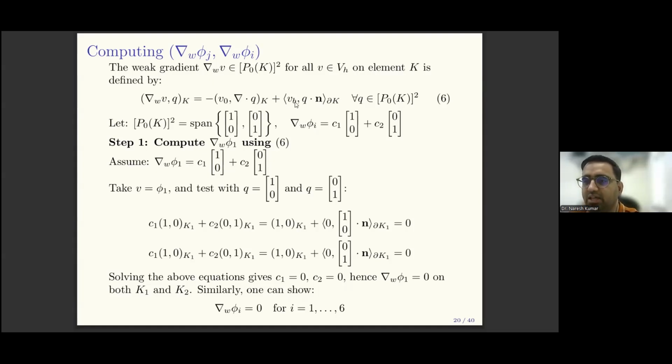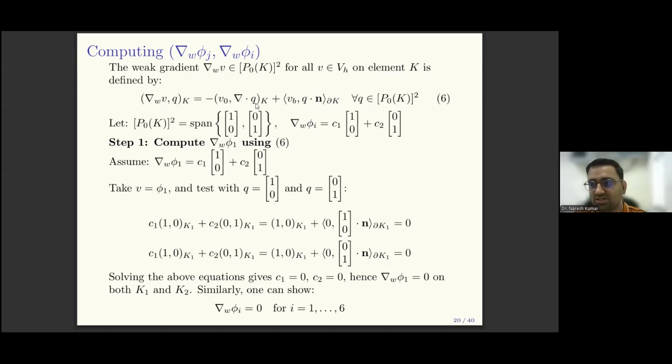And phi b: the first component is killed due to this, and the second component is killed due to phi b, because once you define the basis functions in the interior, it is just a construction of the basis function in such a way that it will automatically be 0 on the boundary. So that's why, when you calculate the gradient inside the element, this part is always 0 because of the basis function.